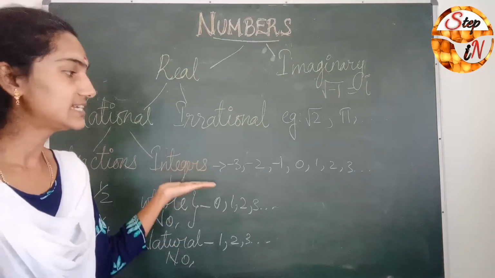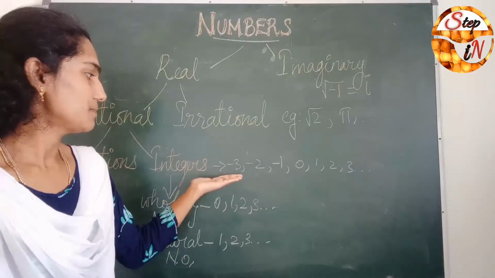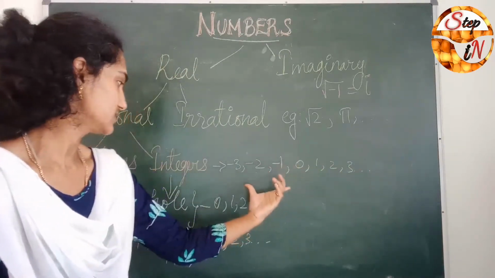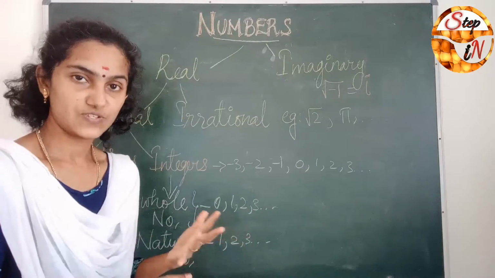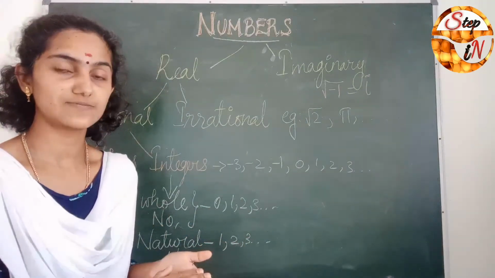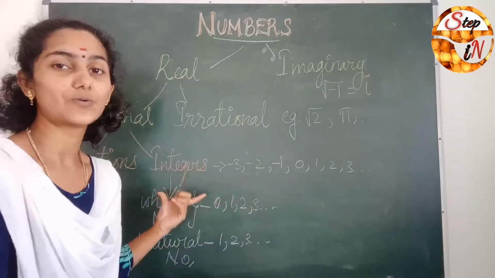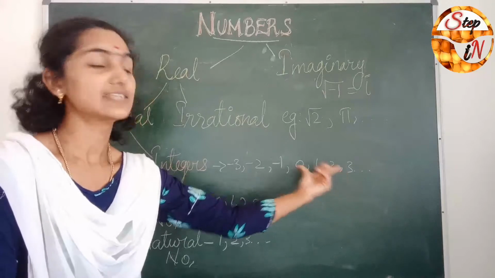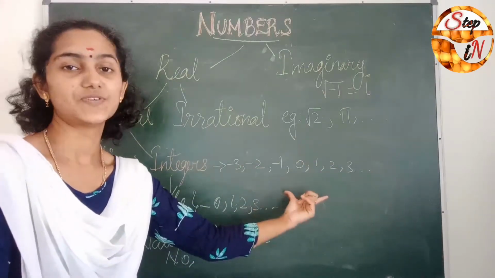So what are integers? Minus 3, minus 2, minus 1, 0, 1, 2, 3. That is, 0 with all the positive numbers and the negative numbers all together form the integers. That is positive numbers and their negatives plus 0.